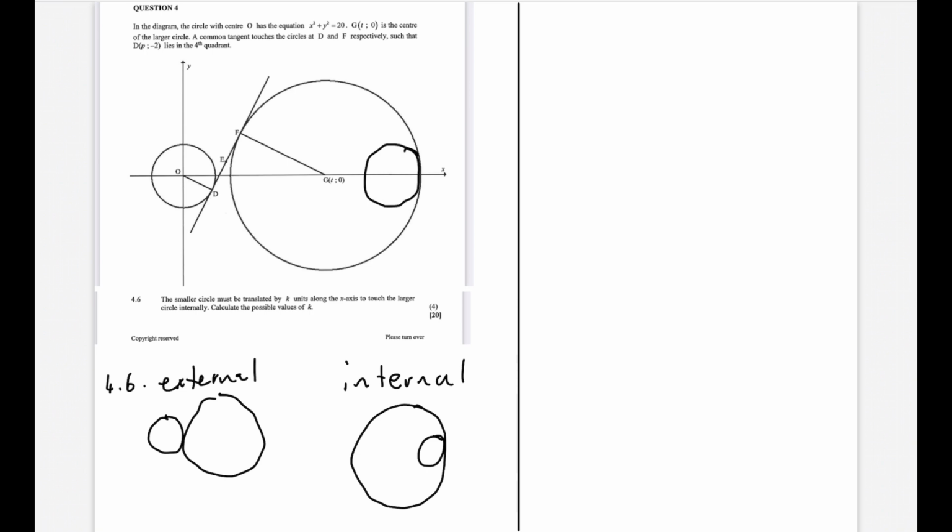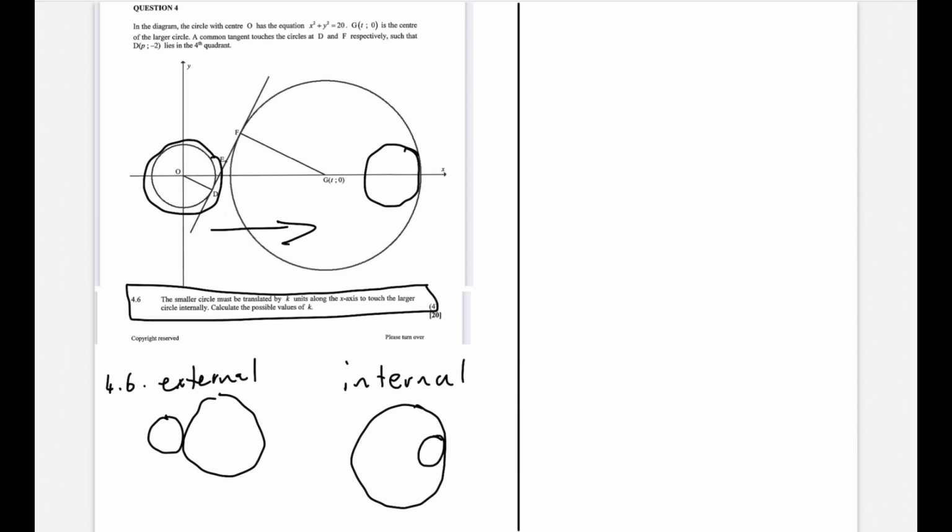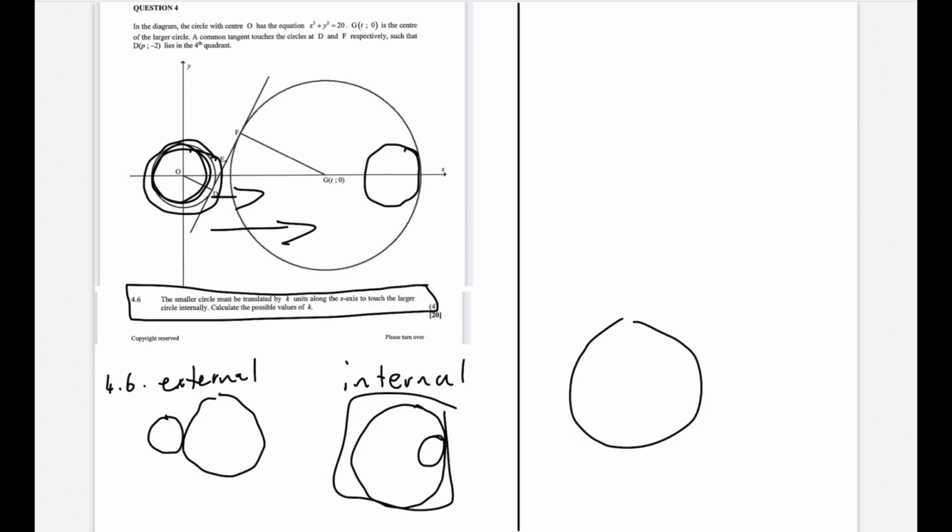The bottom line is, how much should we move this small circle to the right in order for it to internally touch the big circle? That's what this is asking you. How much should you move it for it to look like this or like this? That's all you're being asked there.